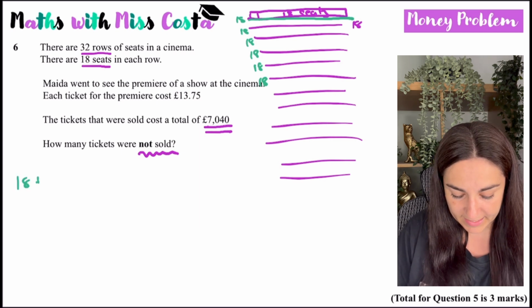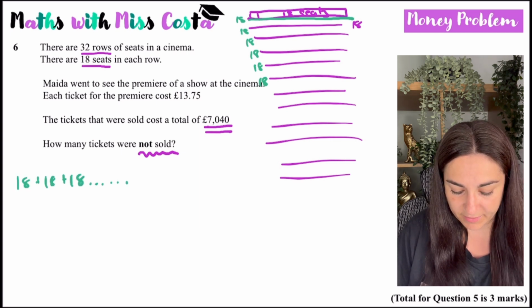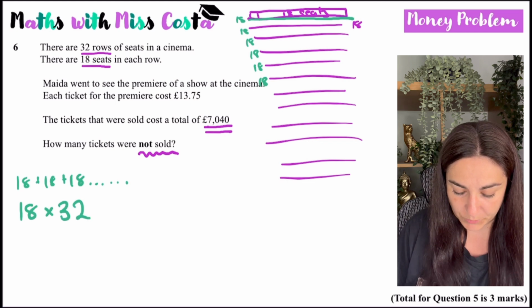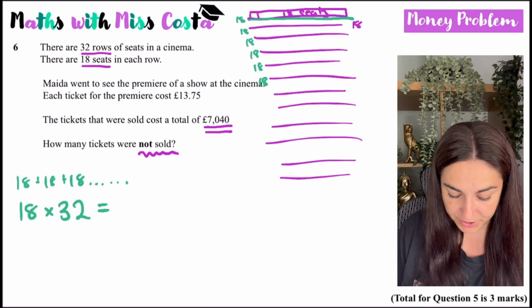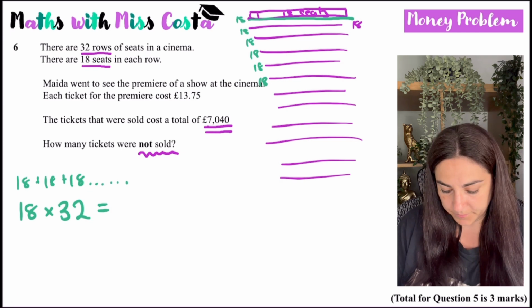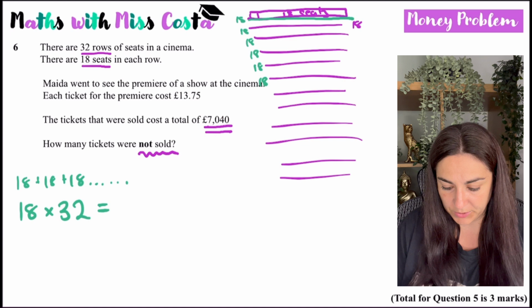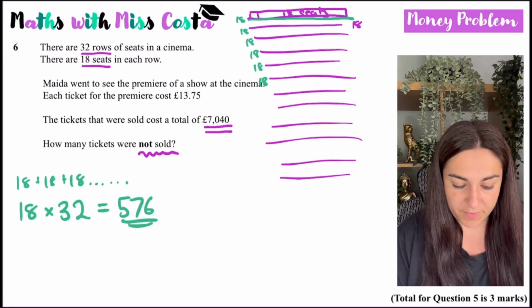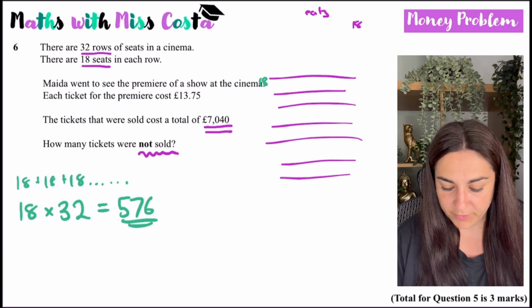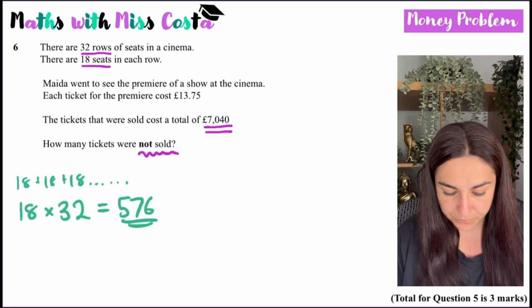So instead of doing 18 plus 18 plus 18 32 times, I just do 18 times 32. And the reason I'm multiplying is to figure out how many seats there are in total. So 18 times 32 is 576. So I know that there are in the cinema 576 seats in total.